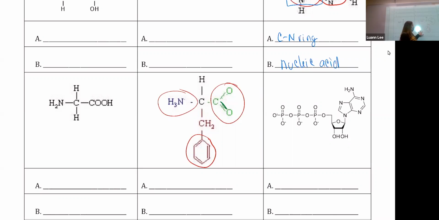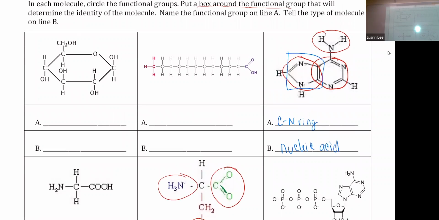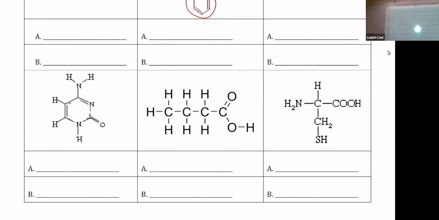So the rule would tell you that you go with this, right? Now, look at the others that are carbon-nitrogen rings that you have. And the carbon-nitrogen ring is pretty much central when you're looking for that. Central here, and it's central down here.